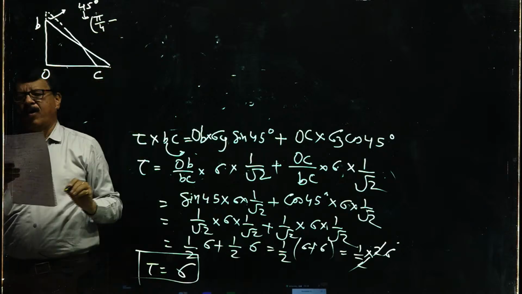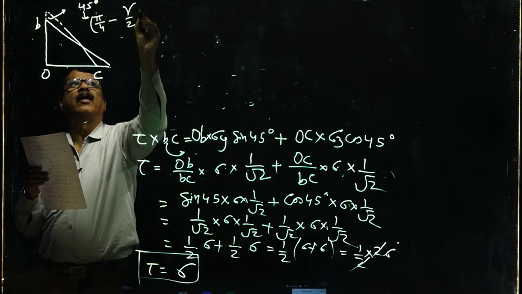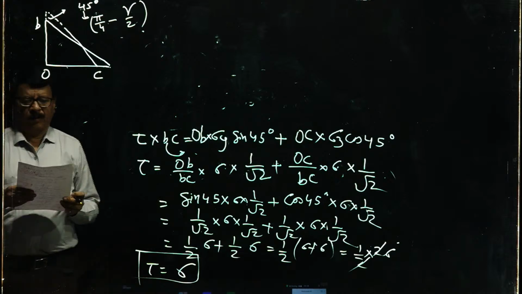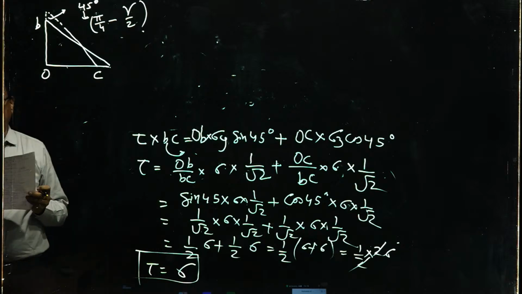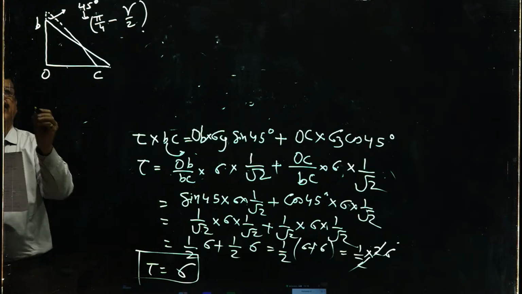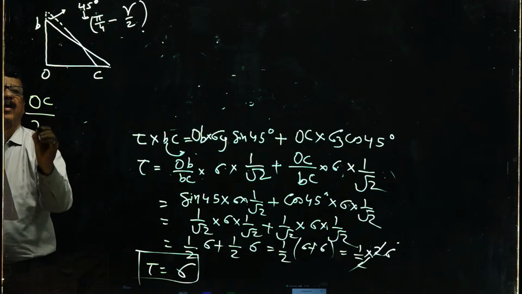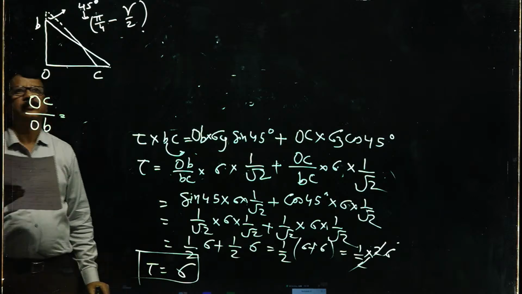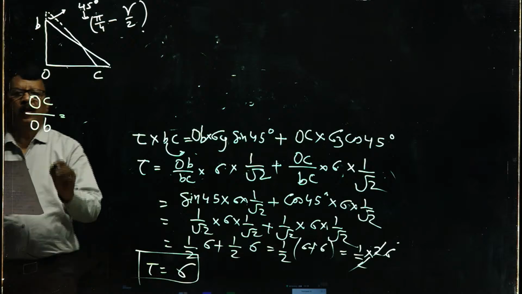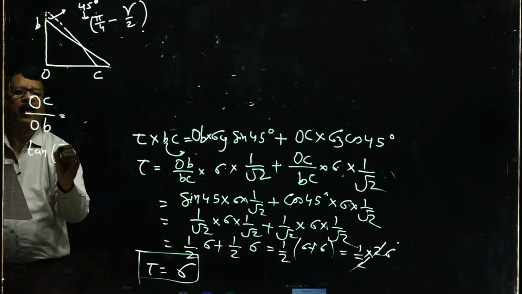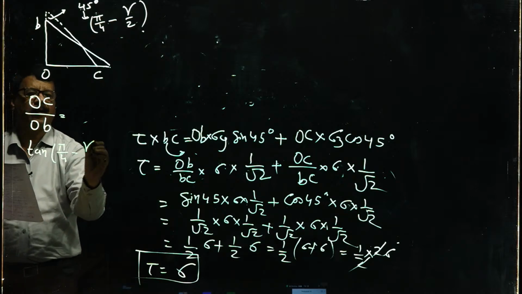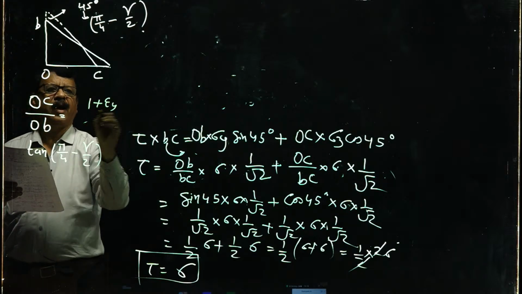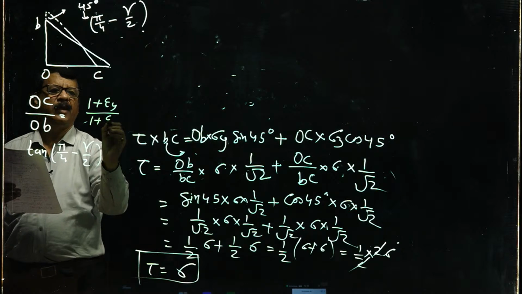If there is a small change in the angle, so OC upon OB is tan(pi/4 - lambda), and it is (1 + EY) upon (1 + EZ).